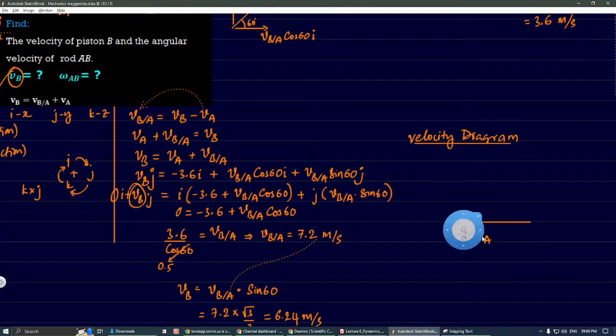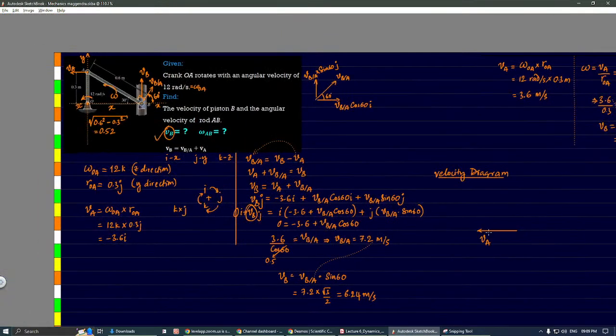Then from A, we draw a line which is perpendicular to AB.